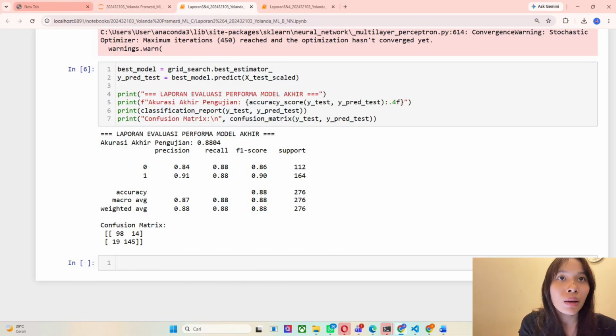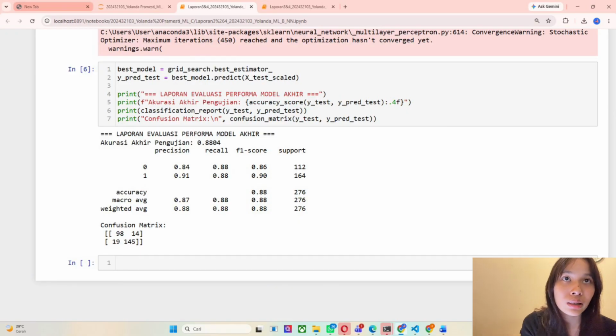The best estimator selected by the grid search is an activation function of ReLU, a constant learning rate, and the SGD solver. The cross-validation score achieved during this internal training phase was 85.36%, which indicates a solid foundation.